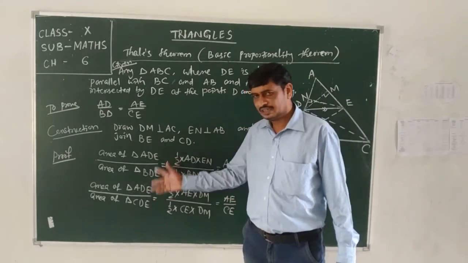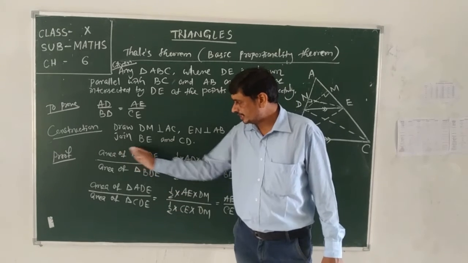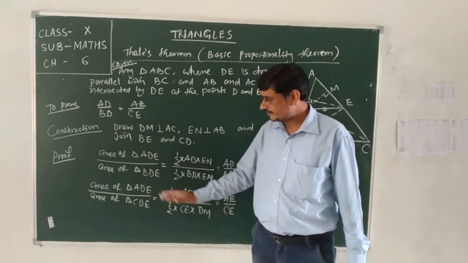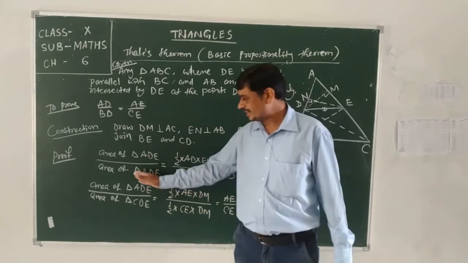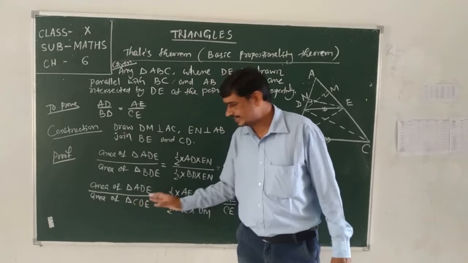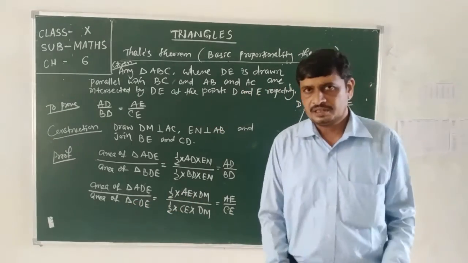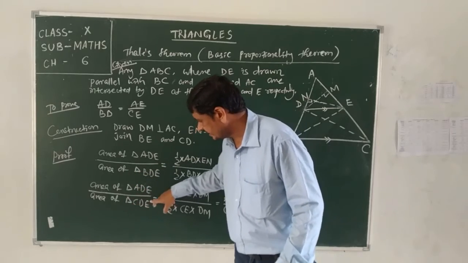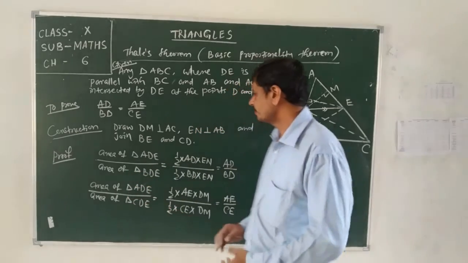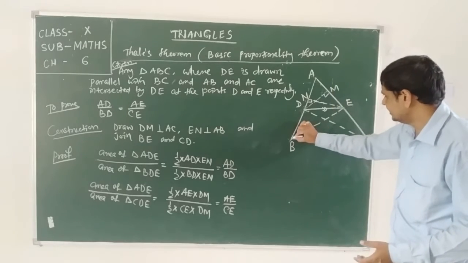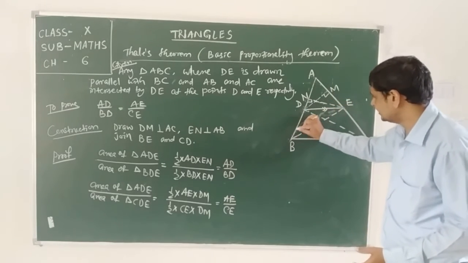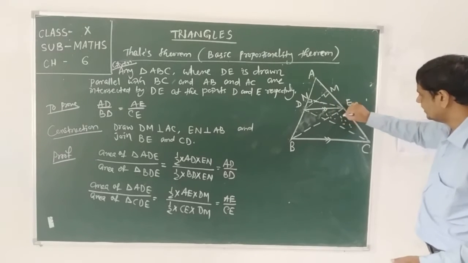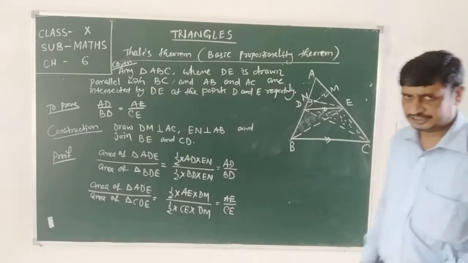The numerators are the same, area of triangle ADE, but the denominators are area of triangle BDE and area of triangle CDE. Are these two areas equal or not?